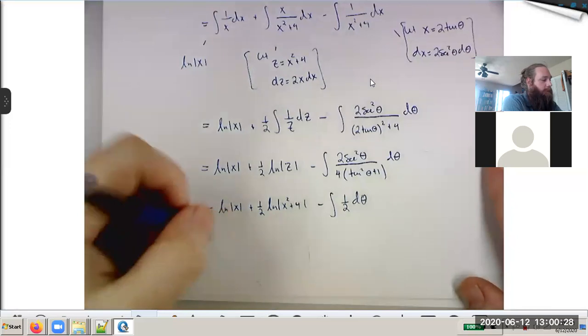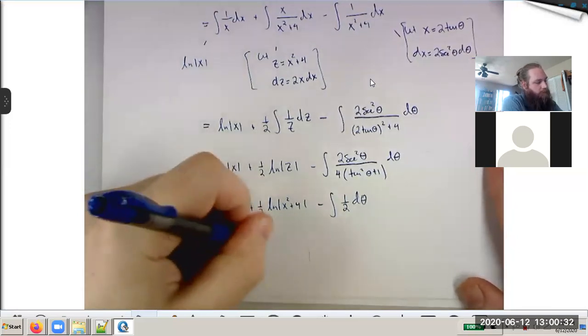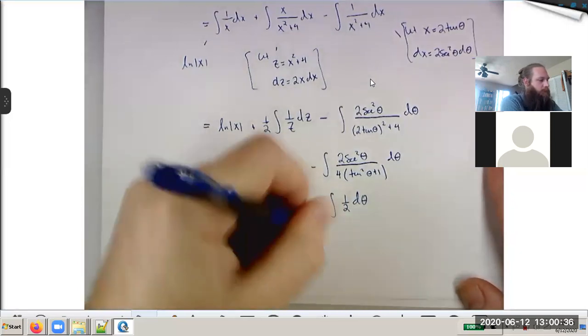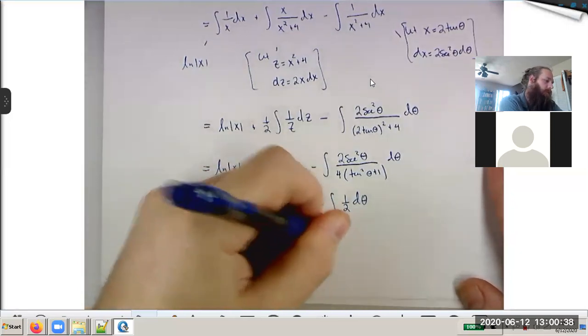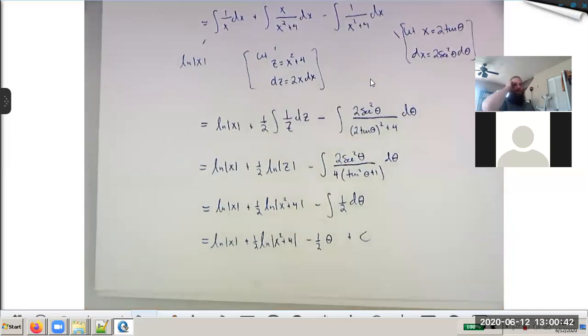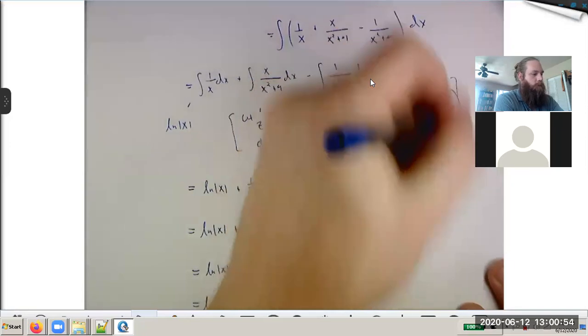So finally, we get here, integral of 1/2 d theta is just 1/2 theta. I'm sorry, kid. I know you want attention. And theta is the inverse tangent of x over 2.